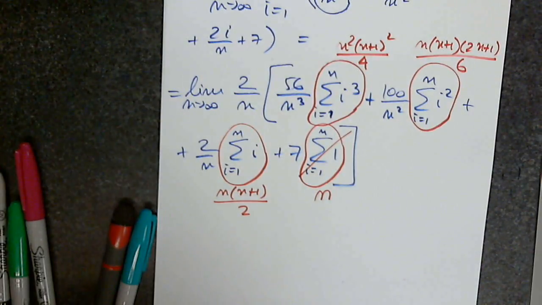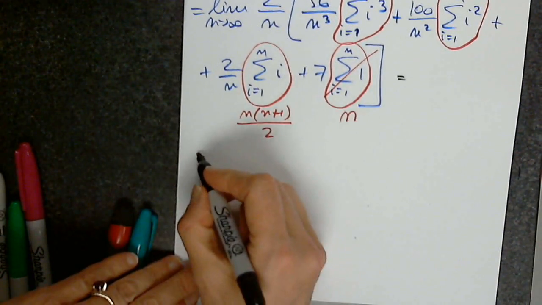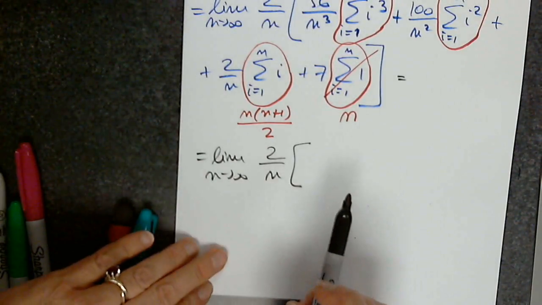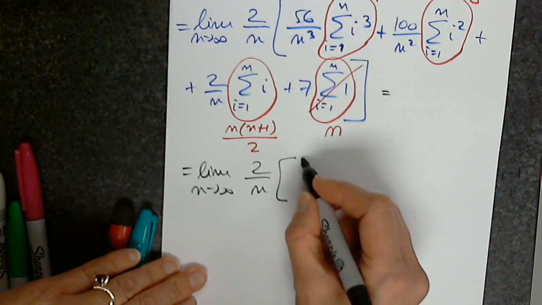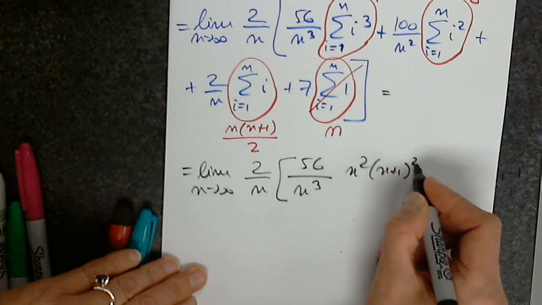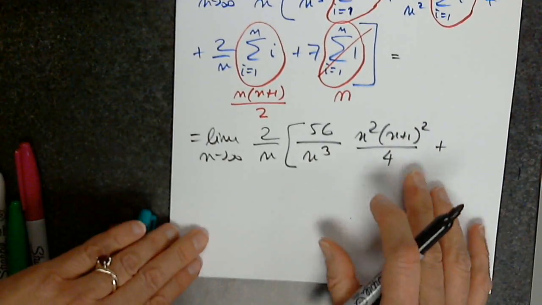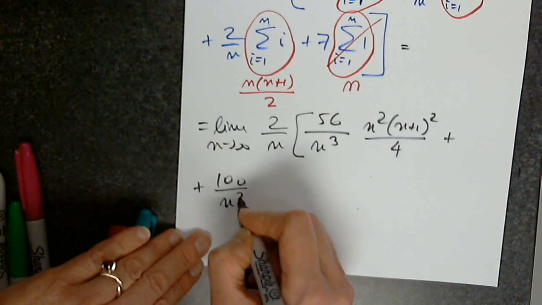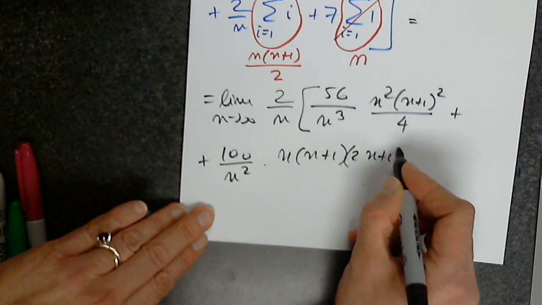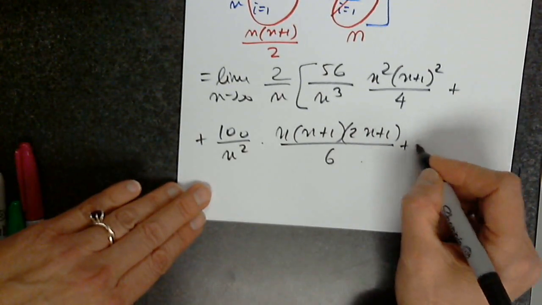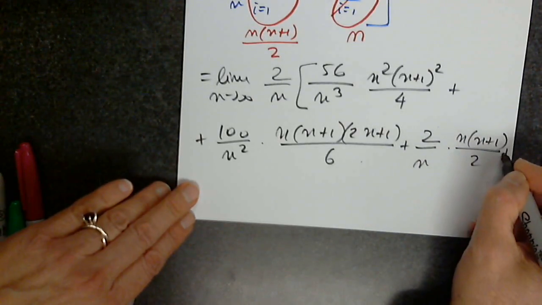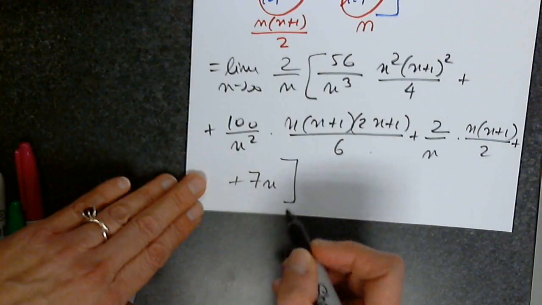Now I'm ready to get rid of the rest as soon as I can. So limit as n approaches infinity, 2 over n times: 56 over n cubed, n squared, (n plus 1) squared over 4, plus 100 over n squared times n times (n plus 1) times (2n plus 1) over 6, plus 2 over n times n times (n plus 1) over 2, plus 7n.